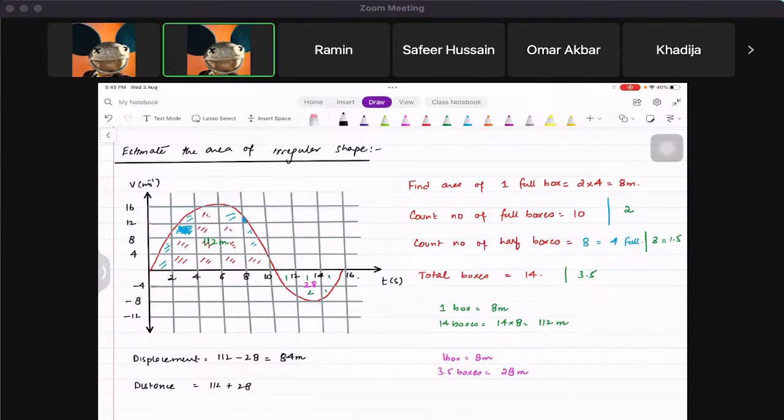Everybody understands this method? Not that hard, right? So generally, the ideal way is that you don't waste too much time. You can do it a little bit carelessly, but not too much.